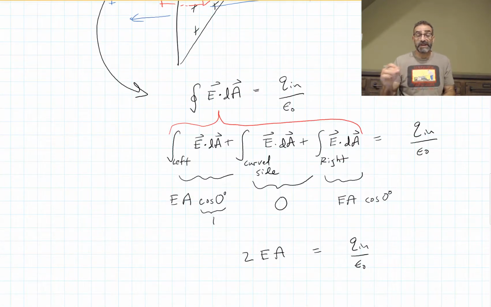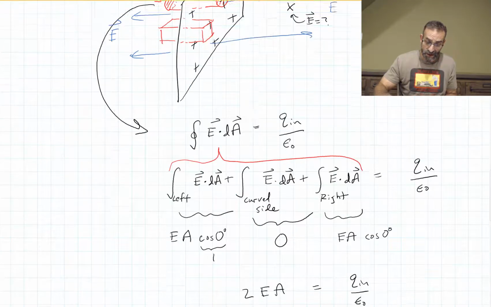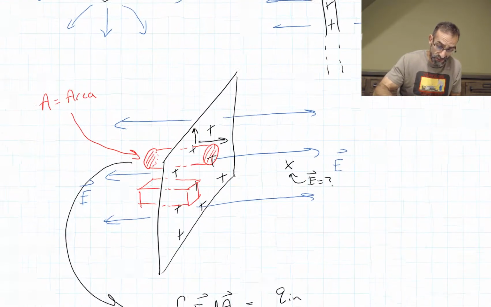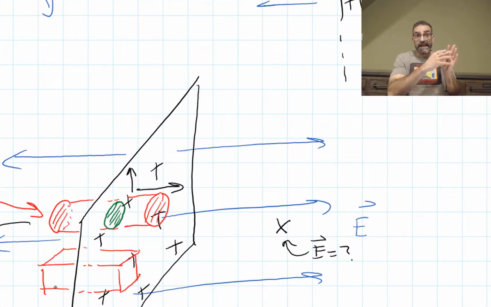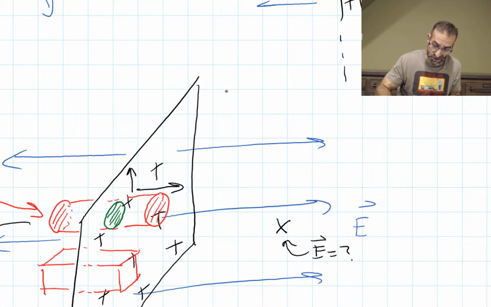Now I need to figure out Q inside my cylinder. Well, the cylinder is intersecting that sheet in a circle. And I would have to be given the surface charge density of my sheet. So let's pretend our sheet has a surface charge density sigma, that's given to us.